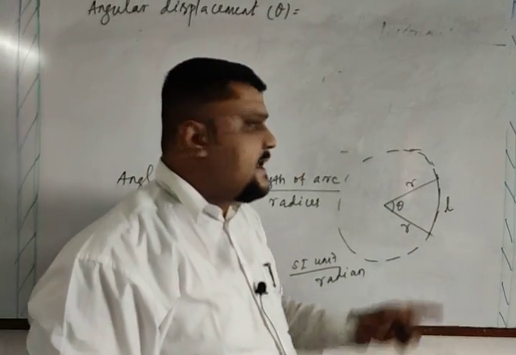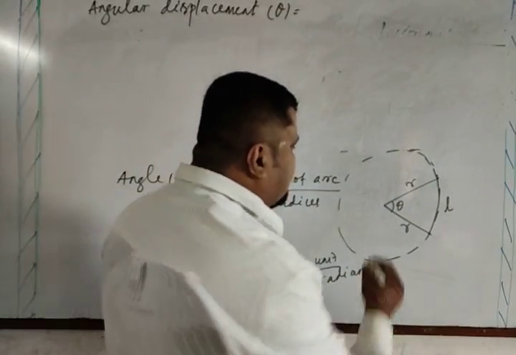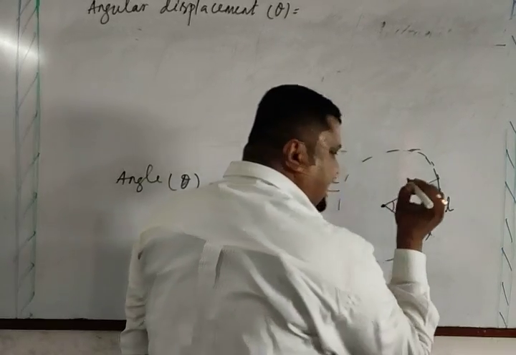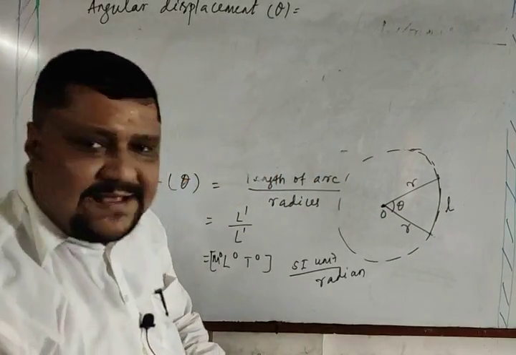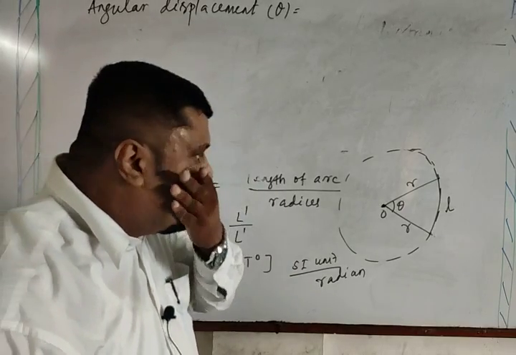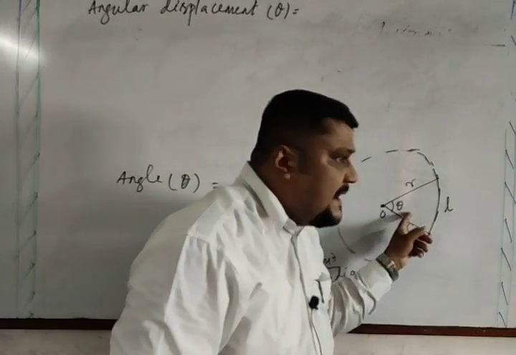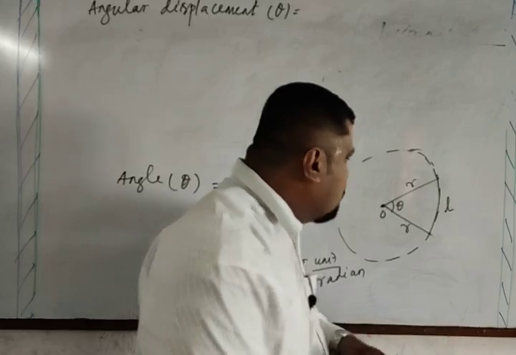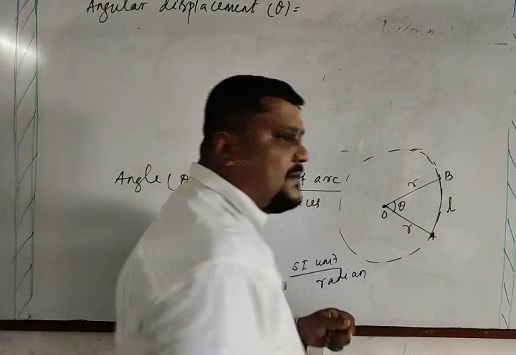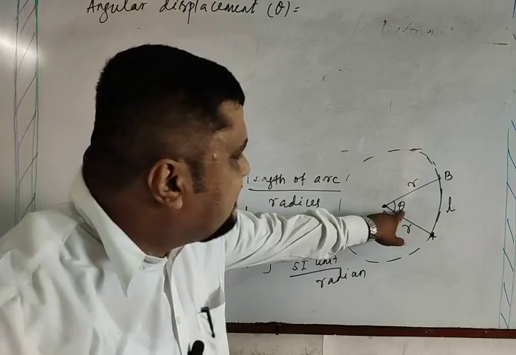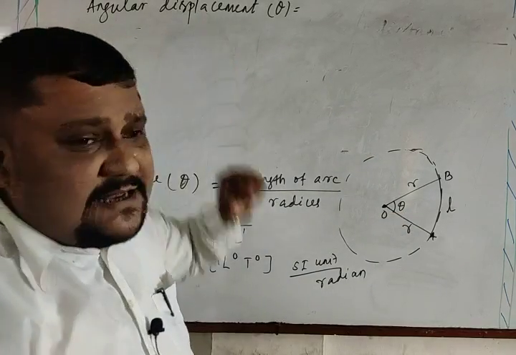That is the angular displacement. If the body is rotating in a circular path about this axis, this is the center O, then how much angle is subtended at the center when it goes from point A to B in some time? That is called the angular displacement.